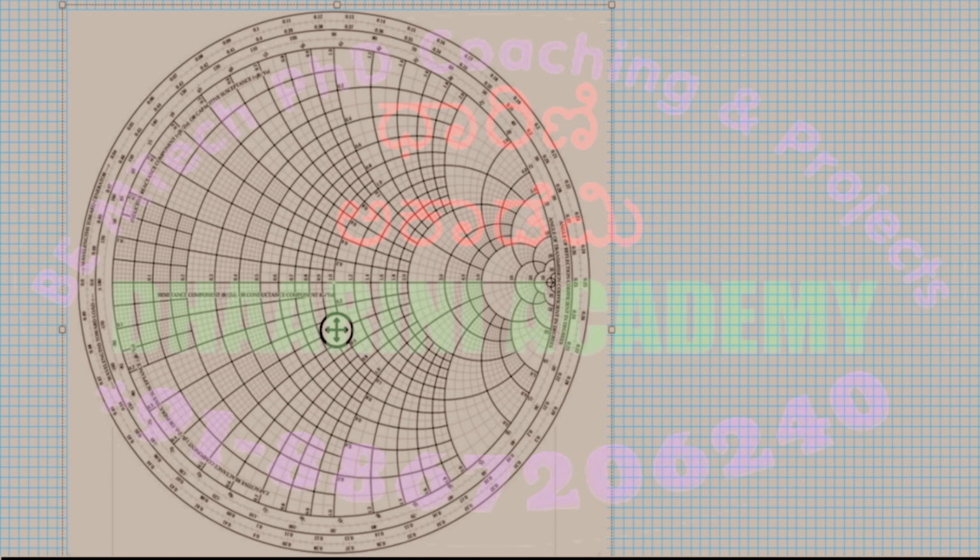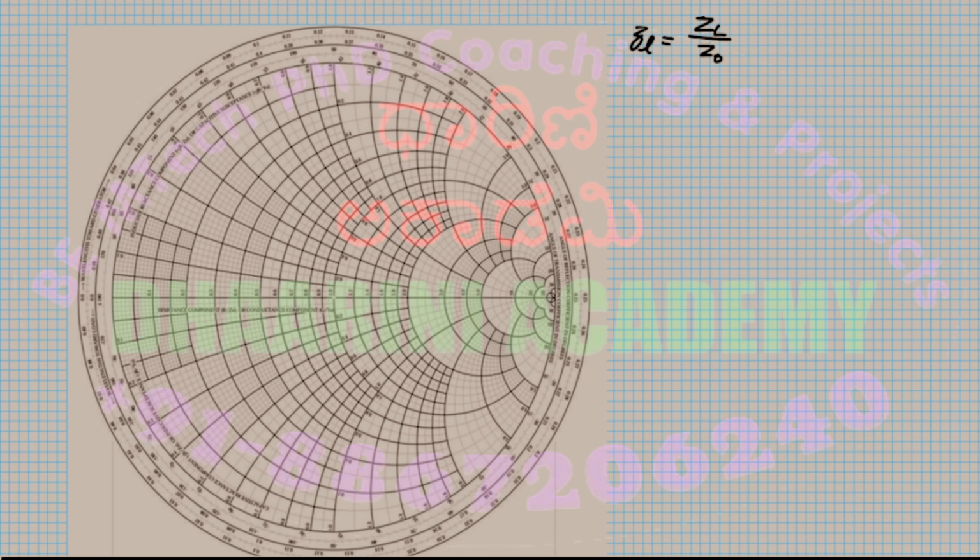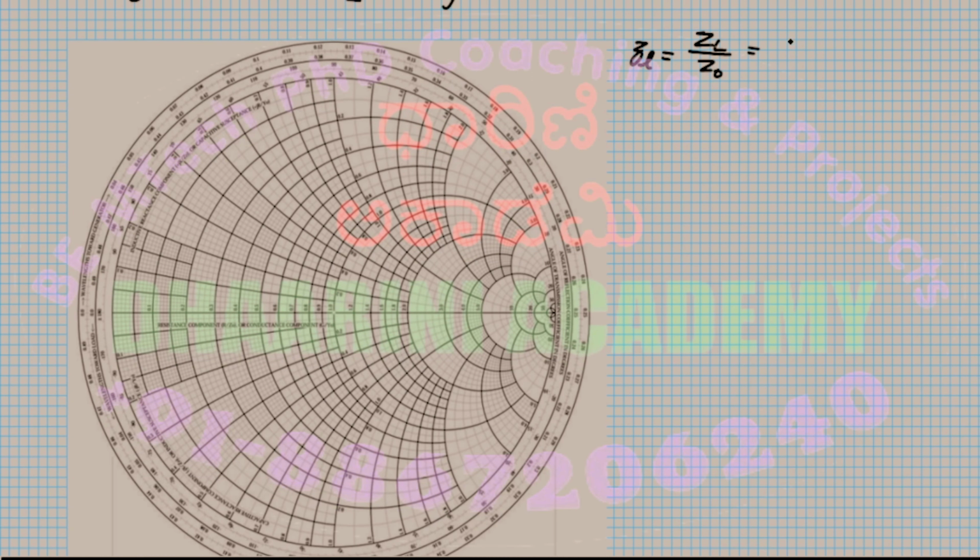All right. So from the data given, I need to have a normalized ZL. The small letter zl is capital ZL divided by Z0. From the given data, this is 5 plus J 25, divided by 50.